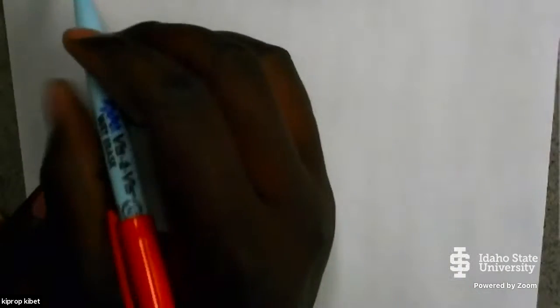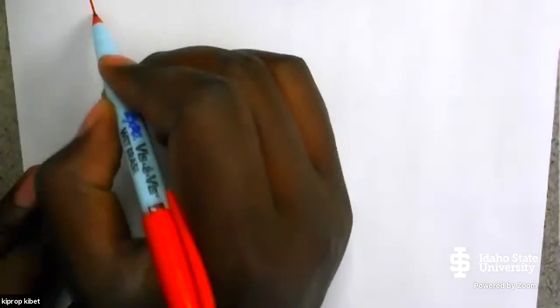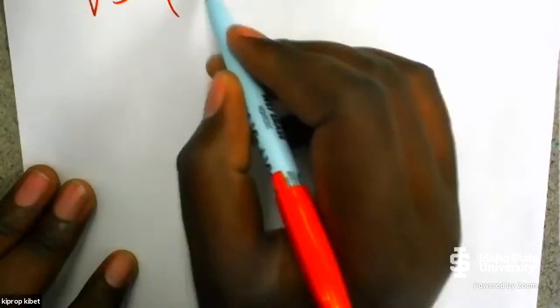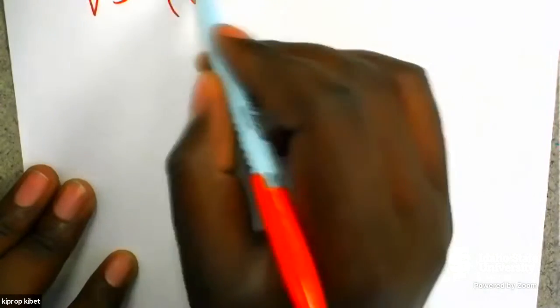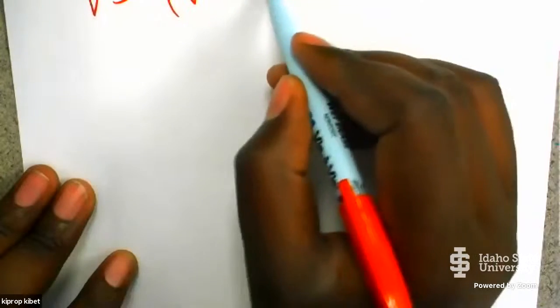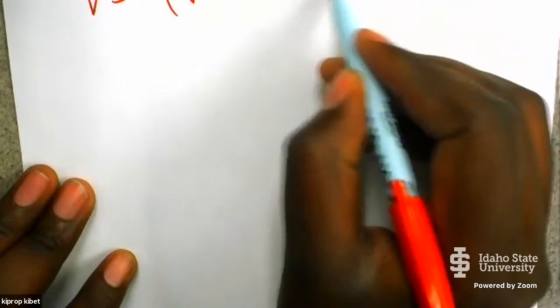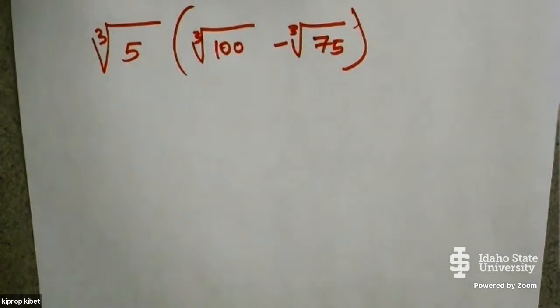Again, you can be given: simplify the cube root of 5 times the quantity cube root of 100 minus the cube root of 75. Simplify that.